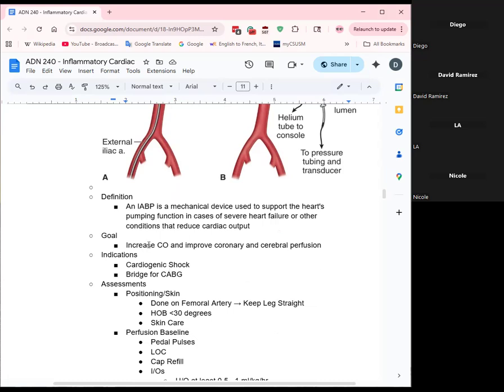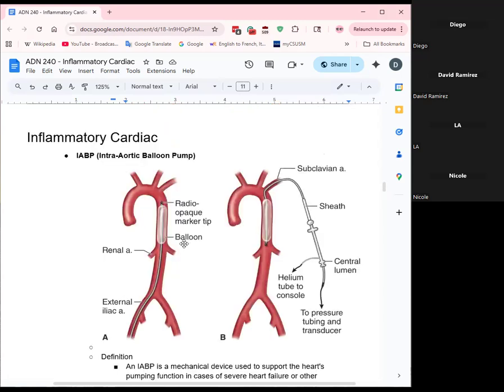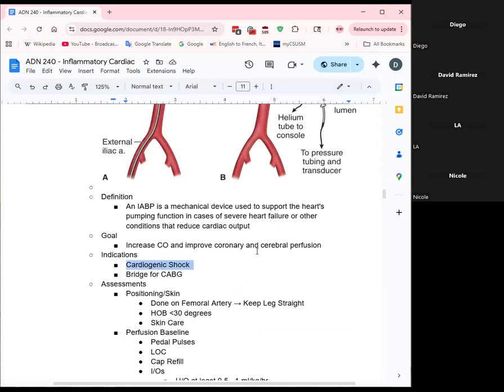So the goal is to improve cardiac output and improve the perfusion to your brain and the perfusion coming out of your heart. So if somebody's having a cardiogenic shock, this can be an indication for needing the balloon pump if they are not responding to the other treatment or are crashing. It could be kind of like an in-between step for them getting a CABG.